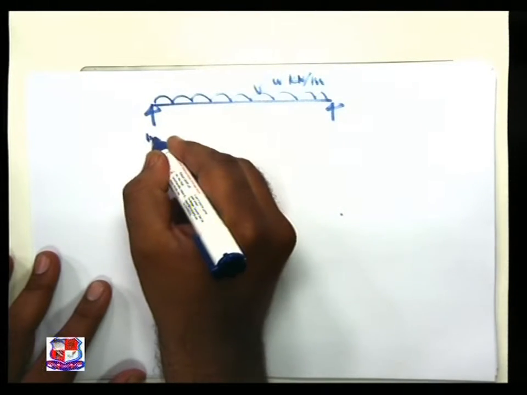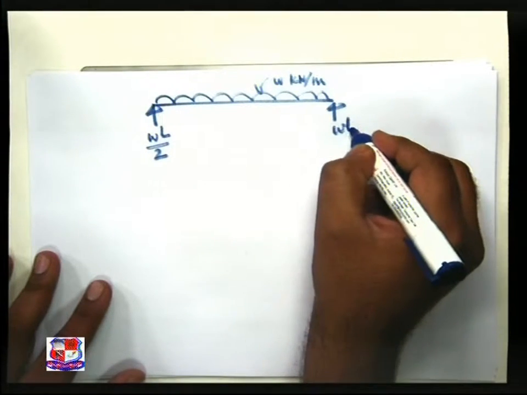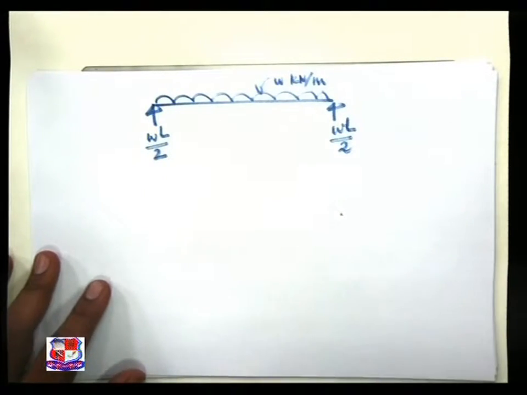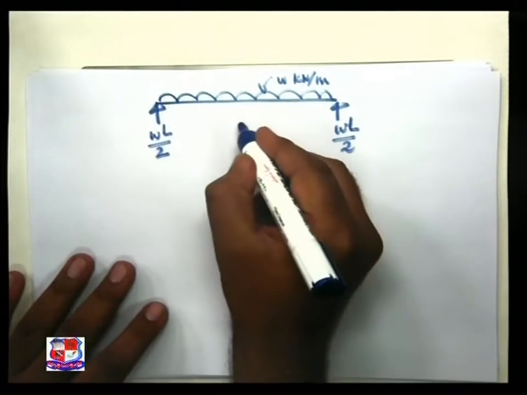The reactions are WL by 2 and here WL by 2. Length is L.